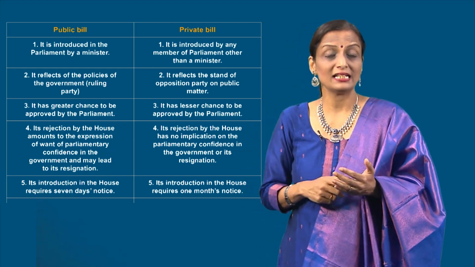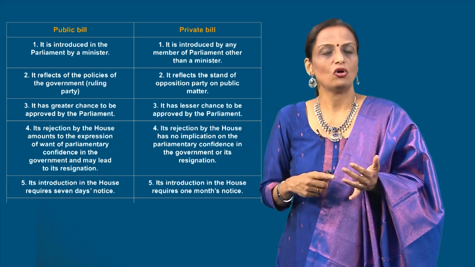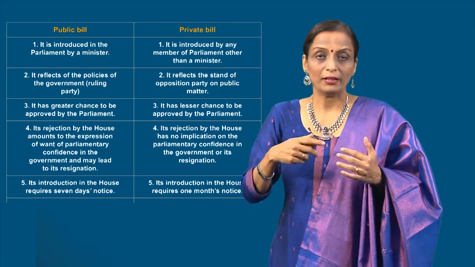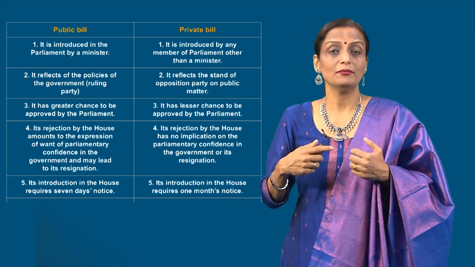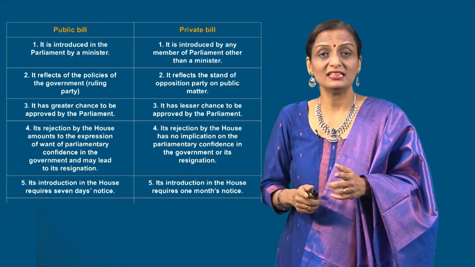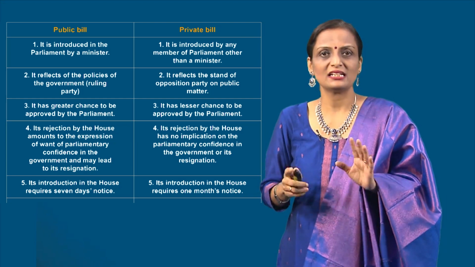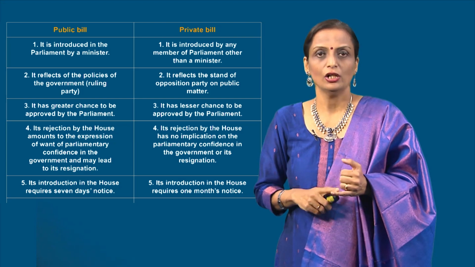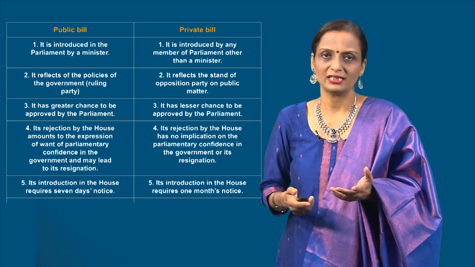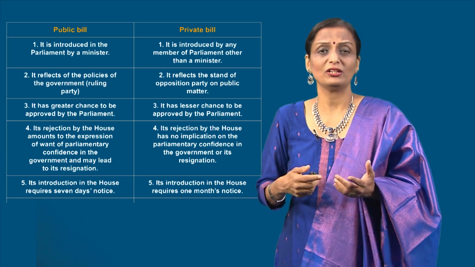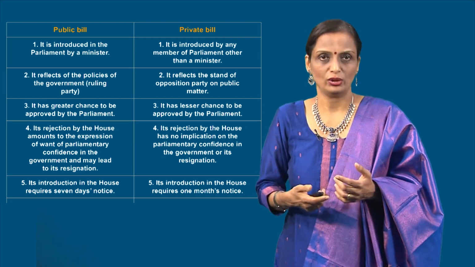So, we are now discussing the ordinary bill. An ordinary bill could be a public bill or a private bill. A public bill is usually presented by the minister, and a private bill can be presented by any other person other than the minister, but who is a member of the parliament. Usually the opposition or any other member who may be supporting the ruling party, but may not be part of the ruling party.